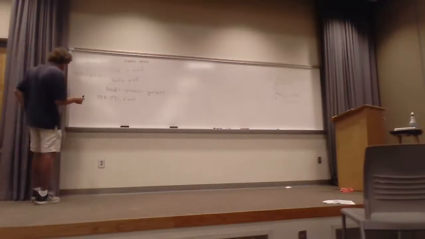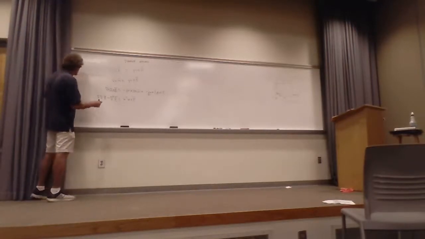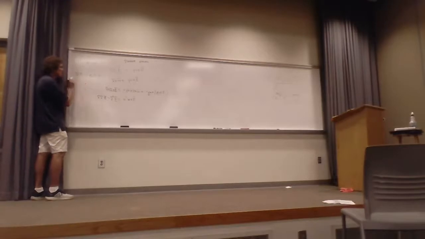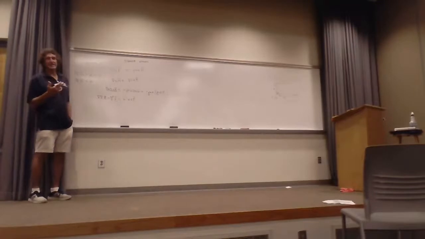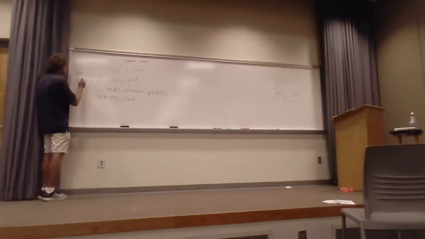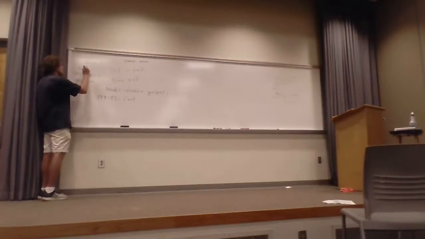It's not really true, but when we do this, if divergence of D is 0, it also means divergence of E is 0, because we know D is epsilon E. Are you with me on this? So if D is epsilon E, you would get divergence of epsilon E equals 0.